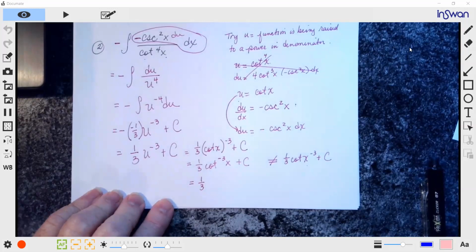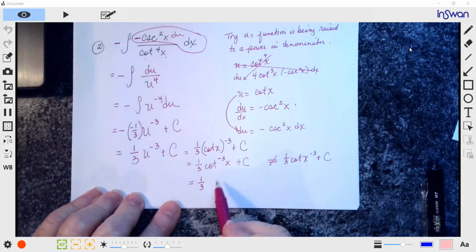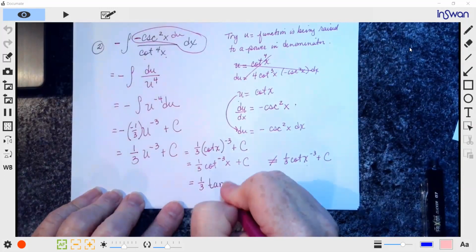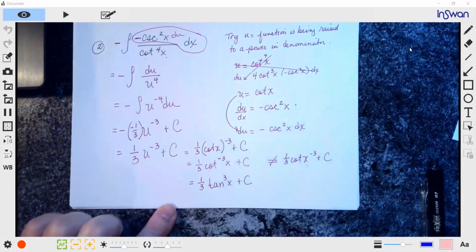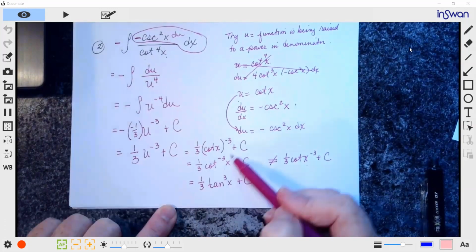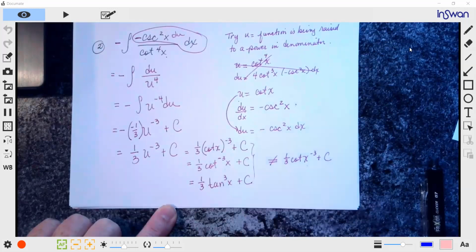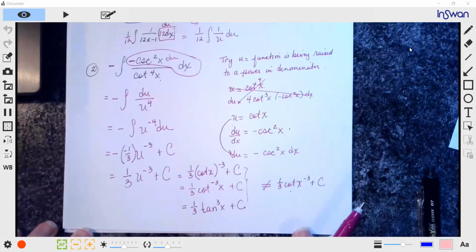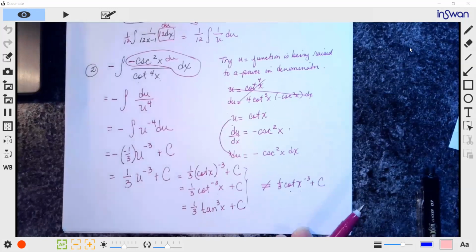Not quite. Which the other tangent? Tangent. Yeah. The reciprocal of cotangent is just tangent. So you could also write this as tangent cubed of x plus c. All three of these are equivalent correct answers. This one would not be the same thing. Okay. Remember, sine and cosecant are reciprocals, cosine and secant are reciprocals, and tangent and cotangent are reciprocals.